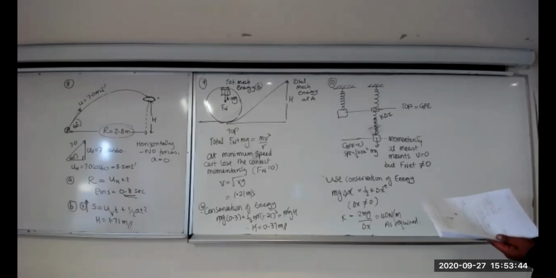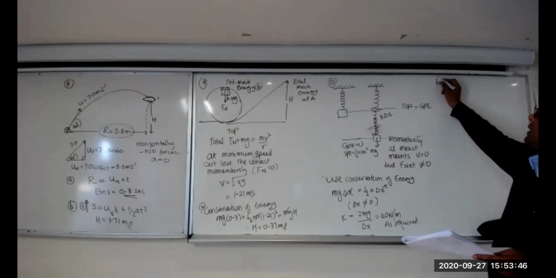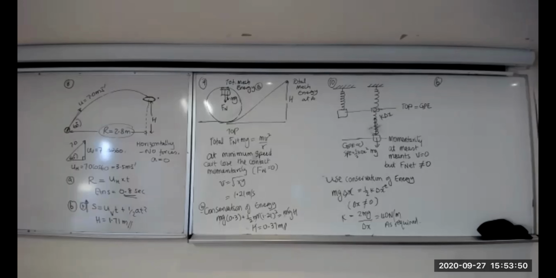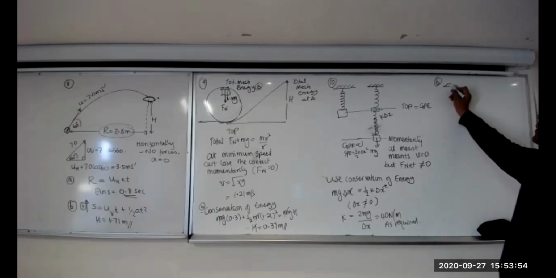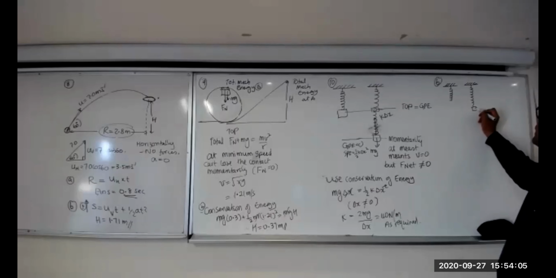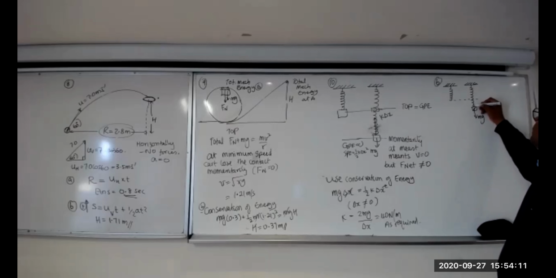Okay, the next part of the question. You can say that acceleration is maximum soon after you release it, which is 9.8. They give it 3 marks. Maybe just derive an expression for acceleration and then show that acceleration becomes maximum when delta x equals 0. So that's mg, and that's your spring force.